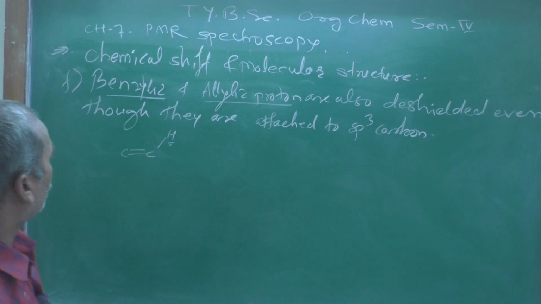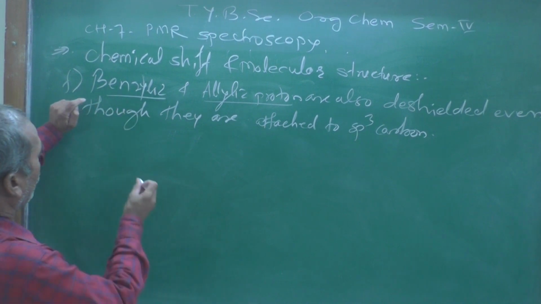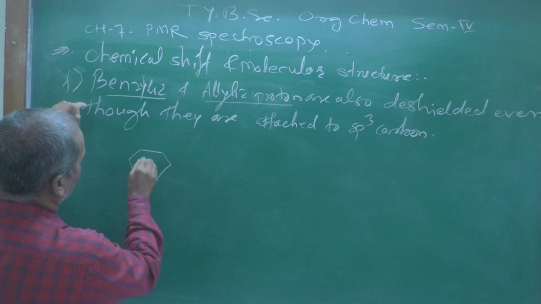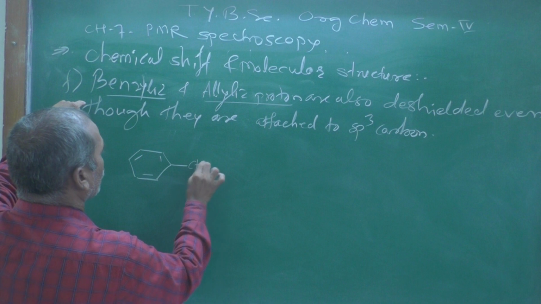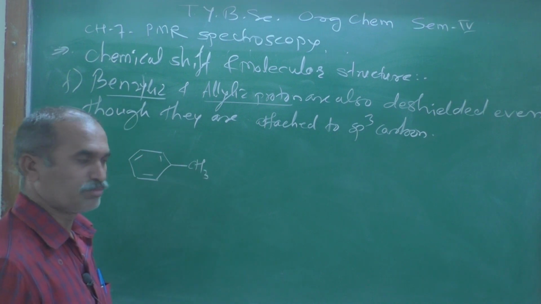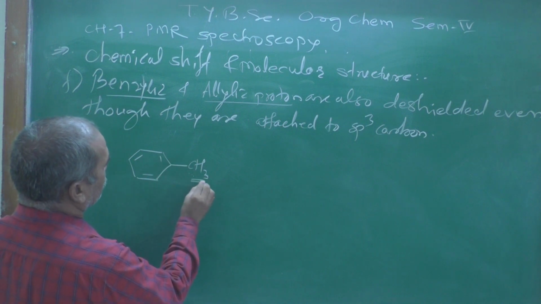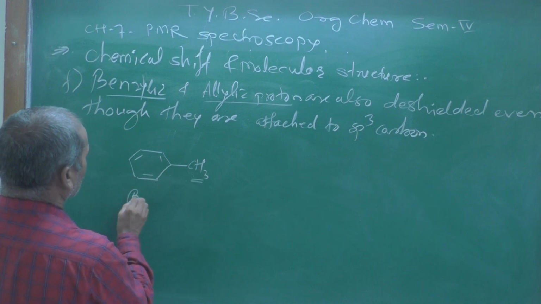Now here, what does a benzylic proton mean? Let's see over here. Here is a benzene molecule, right? And that benzene molecule is further attached to a methyl group or any CH2 maybe. So this is the side chain and this system is known as the benzylic system.